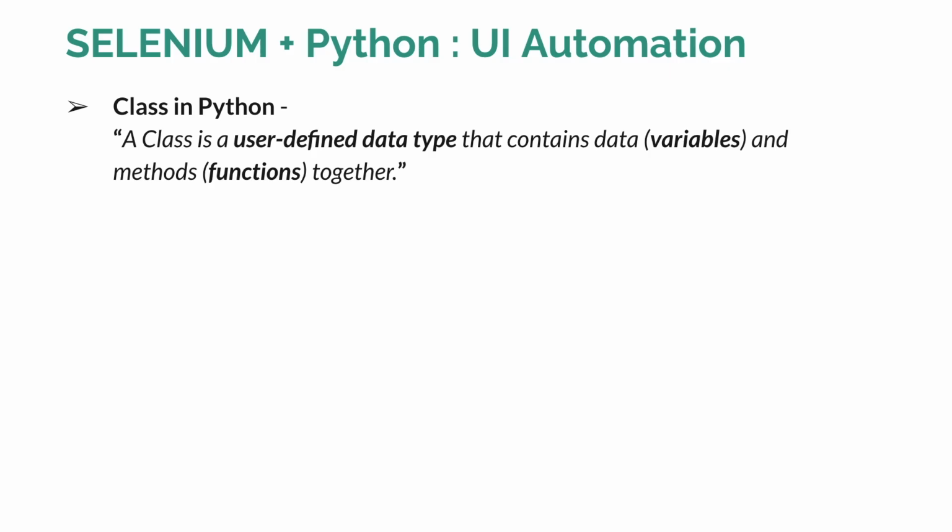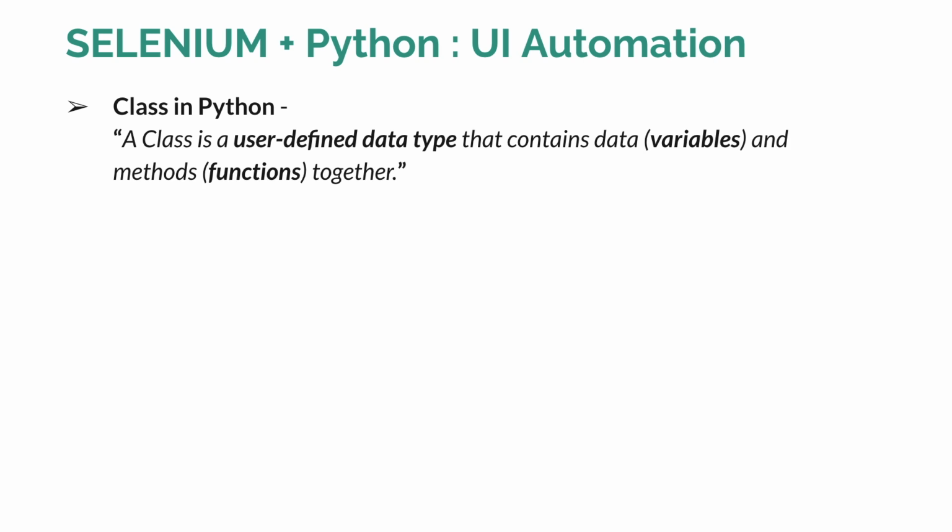So what is a class in Python, or in general in object orientation? A class is a user-defined data type that contains the data in terms of variables and the methods in terms of functions together. Basically, a class is a unit in which you bind the variables and functions together.